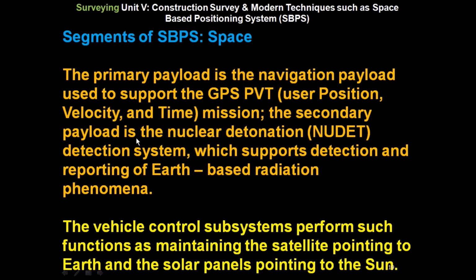The secondary payload is the nuclear detonation, that is NUDET detection system, which supports detection and reporting of Earth-based radiation phenomena. The vehicle control subsystems perform such functions as maintaining the satellite pointing to Earth and the solar panels pointing to the Sun.